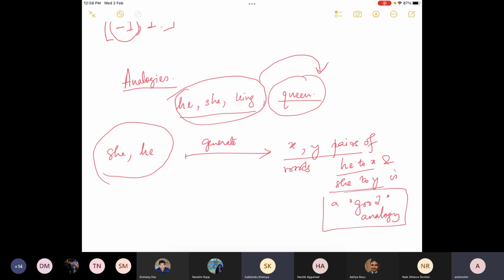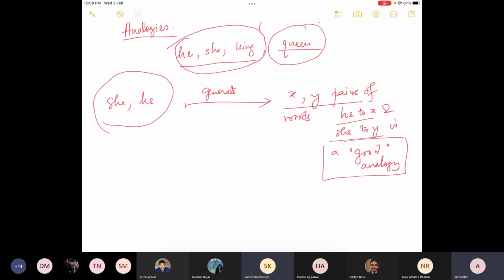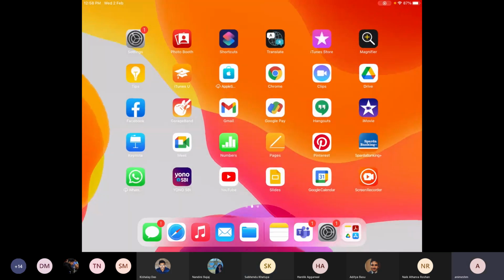In tomorrow's class, we will see how the authors went on and achieved scoring these analogies. We'll stop here. Any questions? Okay, there are no questions. We'll stop here.